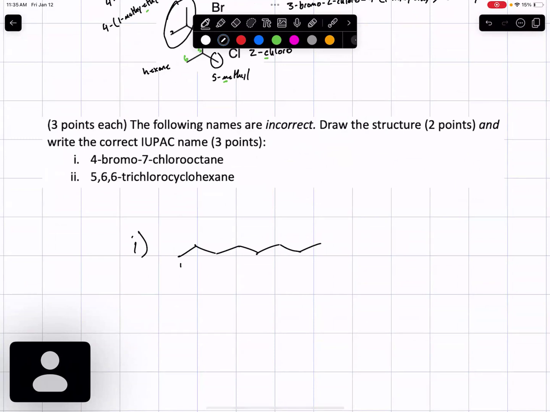If I number 1 through 8, what they're saying is that I have a bromo, and it doesn't matter, I can give it stereochemistry or not. I have a bromo on number 4, and I have a chloro on number 7. What's wrong with this name, 4-bromo-7-chlorooctane?